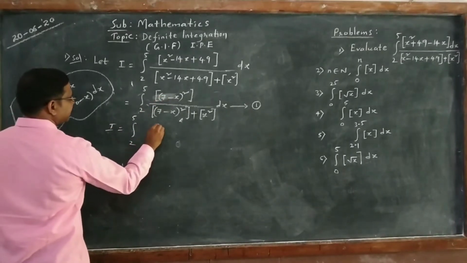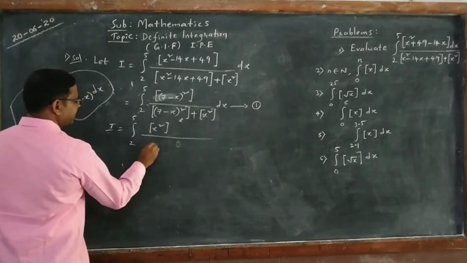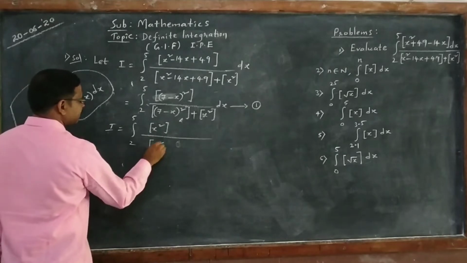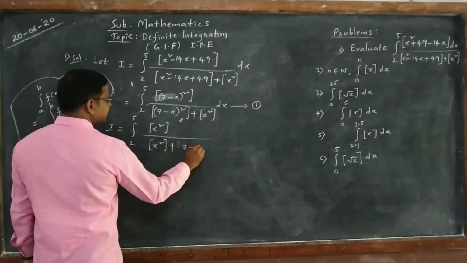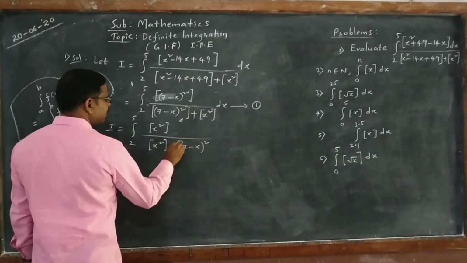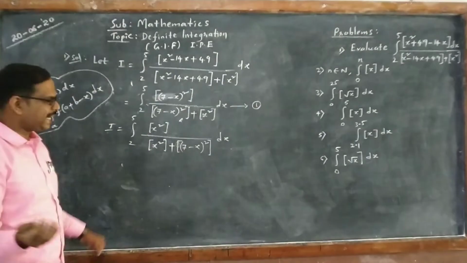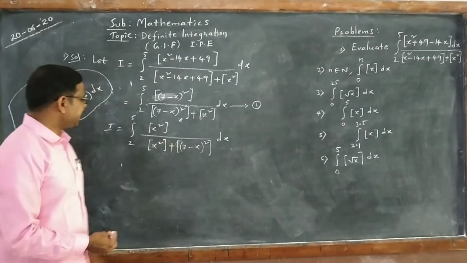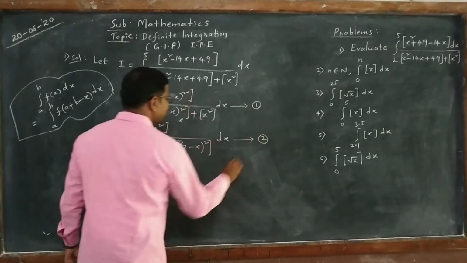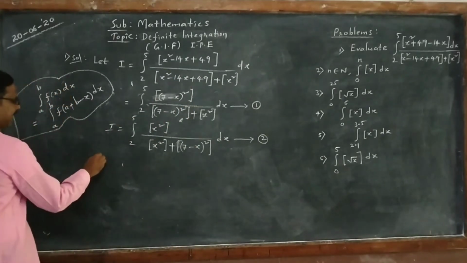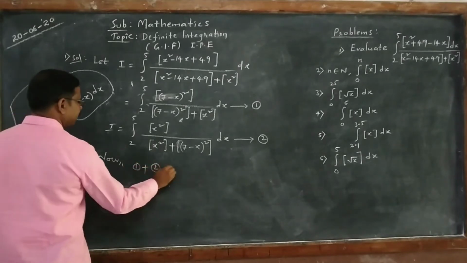So I will put here [(7 minus x)²] in the denominator's step term, and the rest stays as it is. This is equation 2. Now I am going to add equations 1 and 2. Then what will you get?